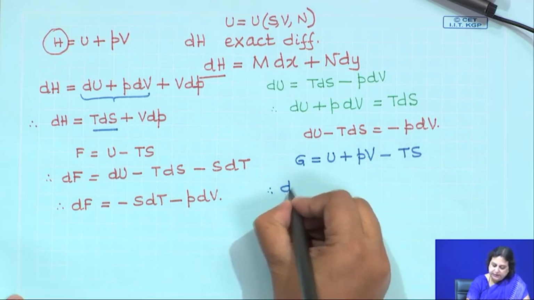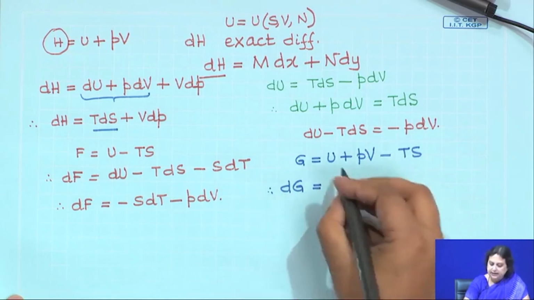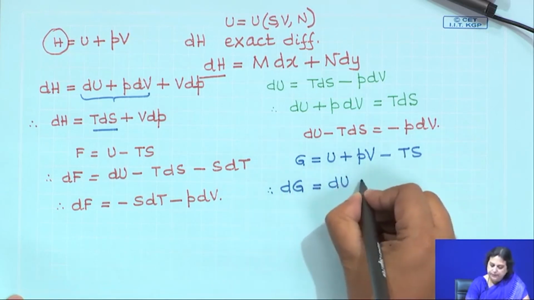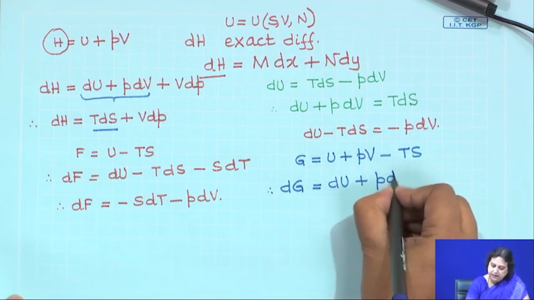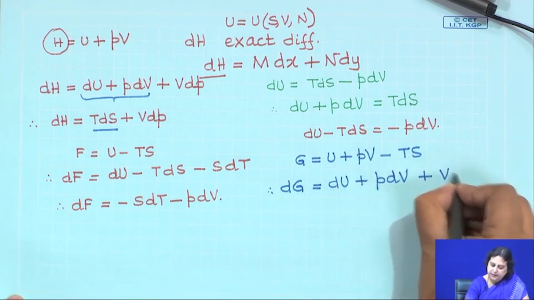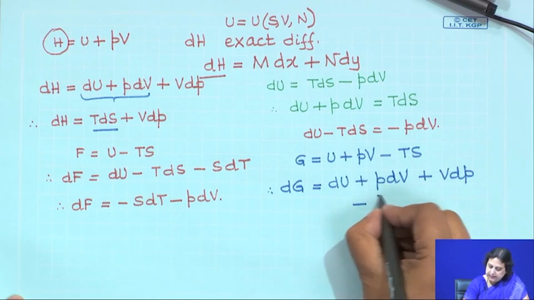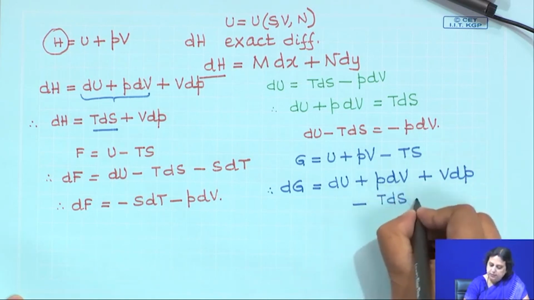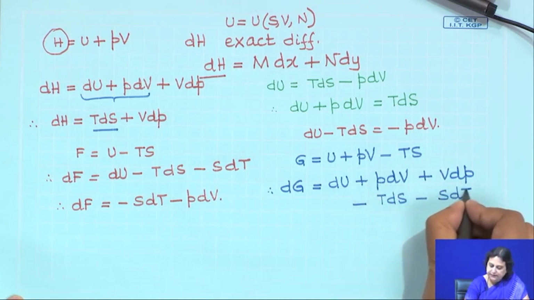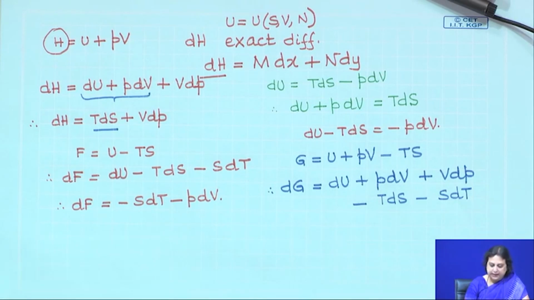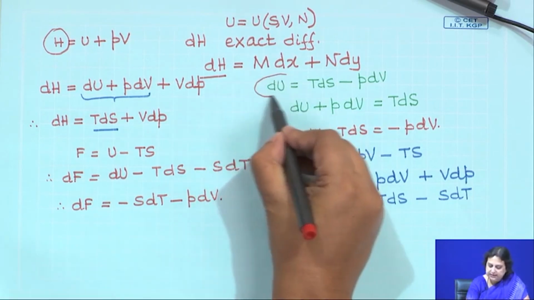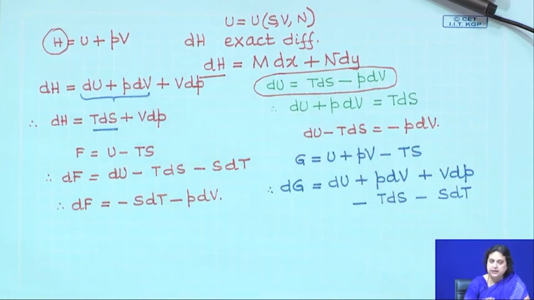Therefore, what is dG? dG is equal to dU plus PdV plus VdP minus TdS minus SdT. Now, let us look back at what the first law of thermodynamics tells us. It says that dU is equal to TdS minus PdV.